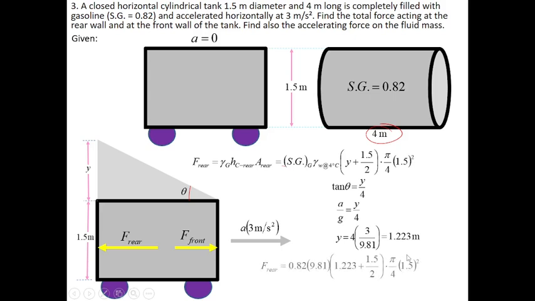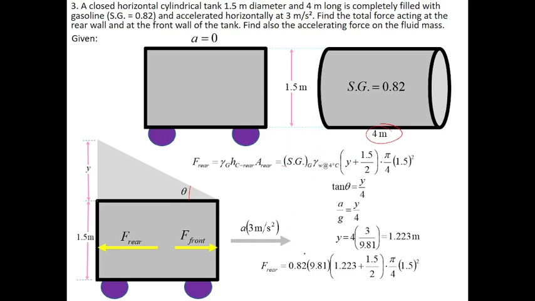So, yun. Therefore, we can find the rear force, which is the specific gravity of gasoline, 0.82, the specific weight of water, 9.81 kilonewton per cubic meter. Then, y is 1.223. Then, ano magiging final unit natin?